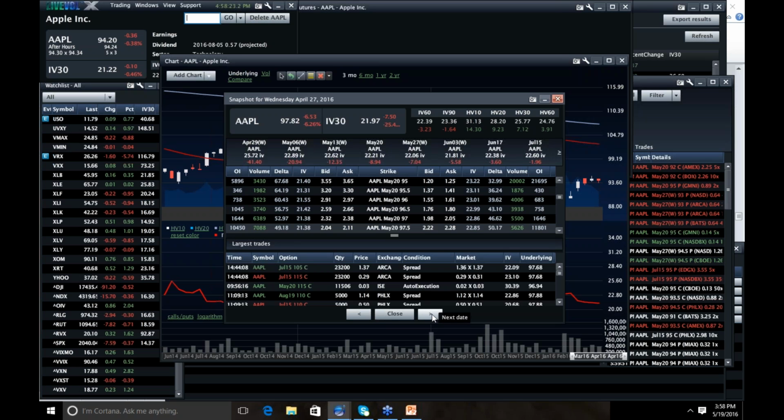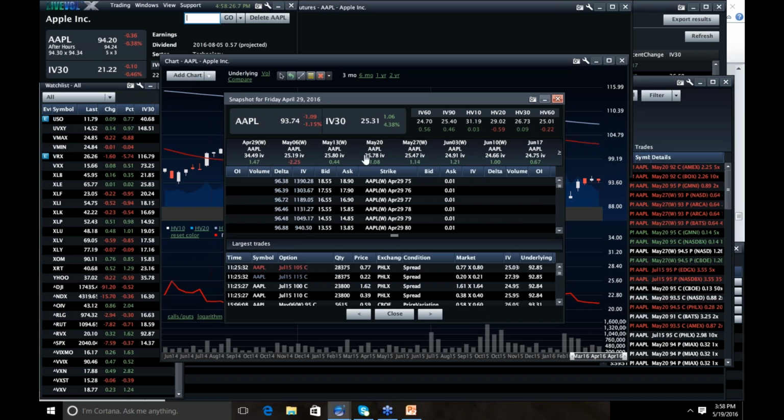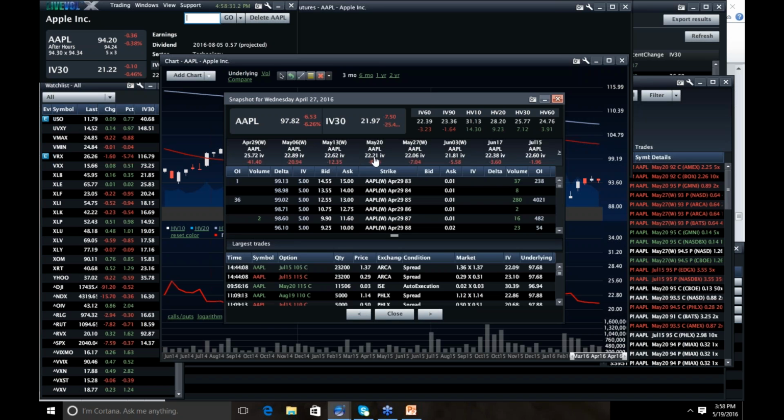Think about that. Well, take a look at how well those performed. Look at my implied volatility. All right, May, I'm buying 22.1 here, and we'll just look at the implied volatility of the 95 puts. 23.22.